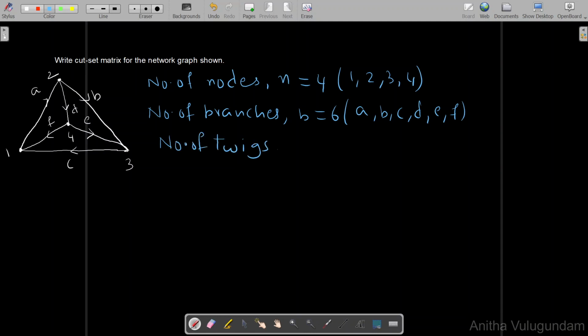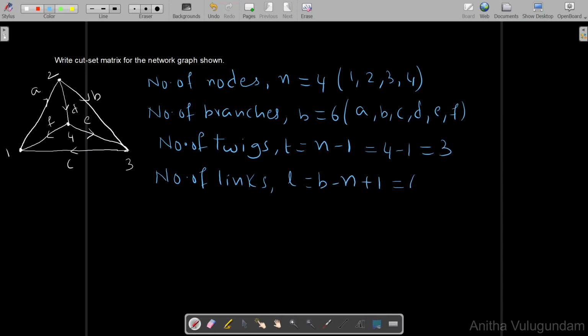Number of twigs, small t equal to n minus 1, where n is the number of nodes. I can write it as 4 minus 1, that equals 3. Number of links, small l equal to b minus n plus 1. 6 minus 4 plus 1, 3.